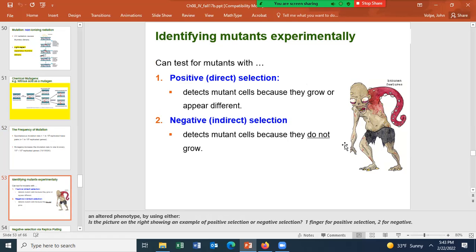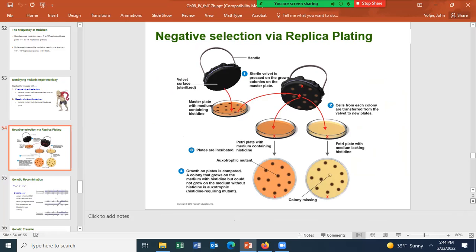Like the first time somebody was born with the blue-eyed gene, you could see that difference, and that would be a positive direct selection where you could detect the mutant cell. A negative or indirect selection, you can detect the mutant cells because they do not grow. And I'll give you an example of that in the next slide, actually.